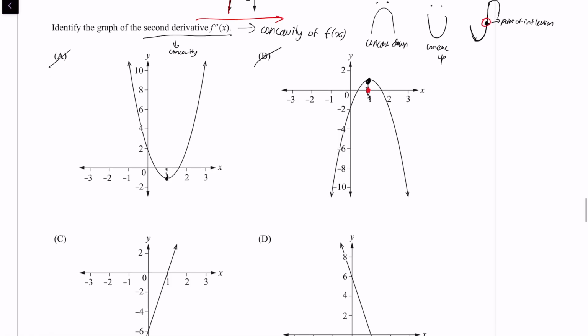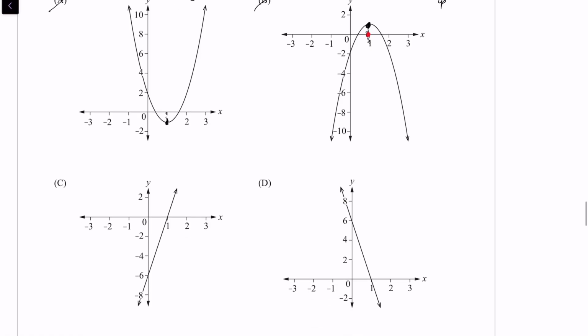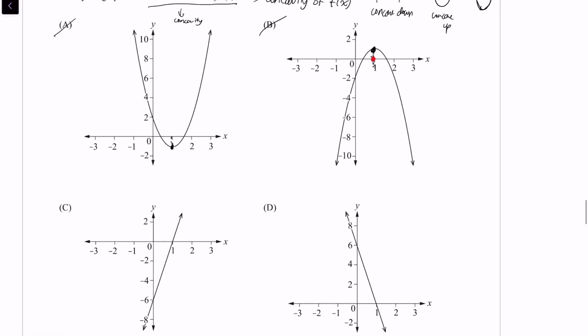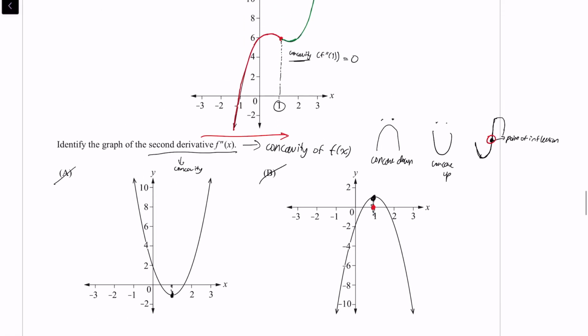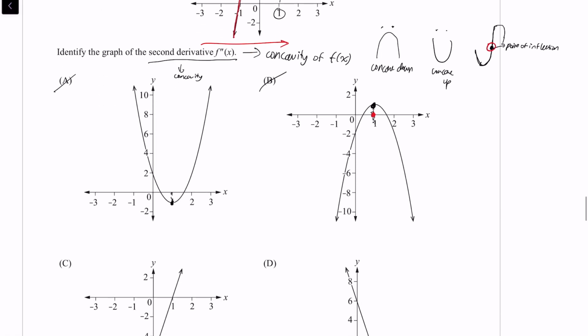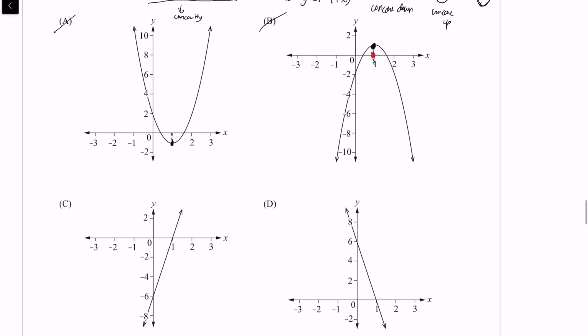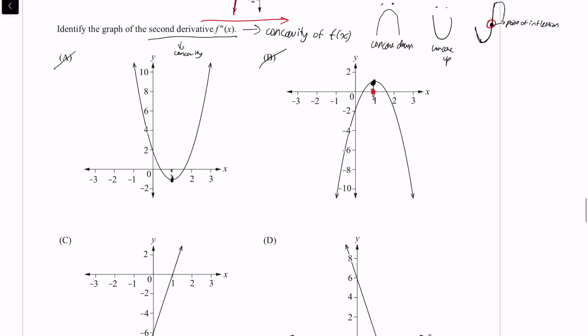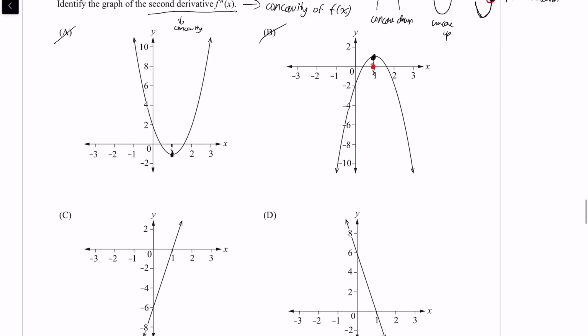And then from that we can think about whether the concavity value, or the f double dash x, the y values for that, are less than 0 or greater than 0 at specific intervals of our x values.